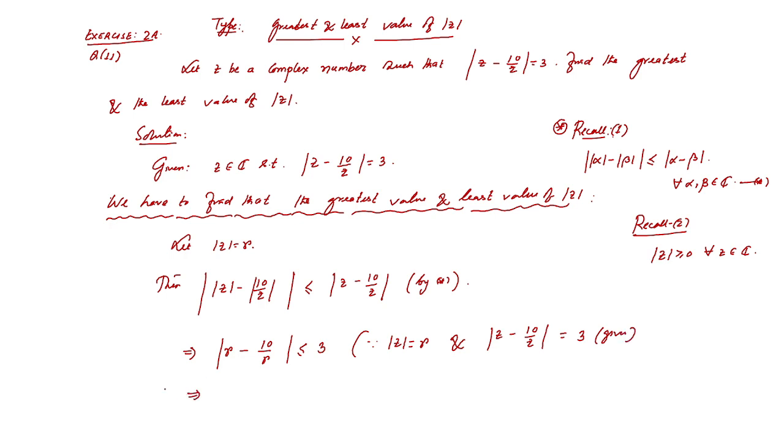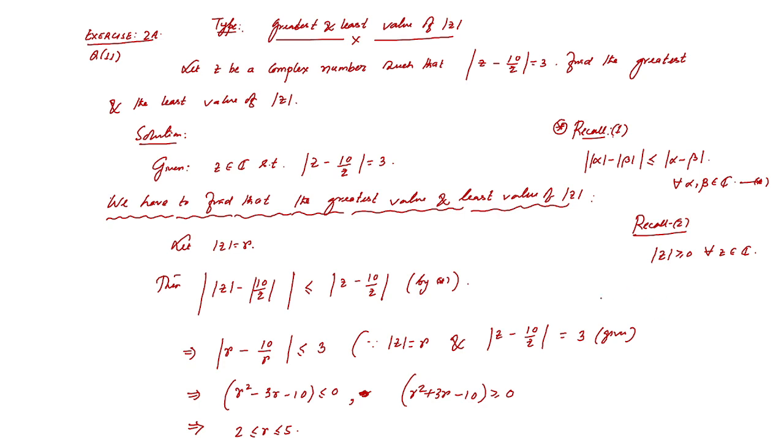So from this inequality, we can write r square minus 3r minus 10 is less than or equal to 0, or r square plus 3r minus 10 is greater than or equal to 0. From these two inequalities, if you solve them, you will get 2 less than or equal to r less than or equal to 5.